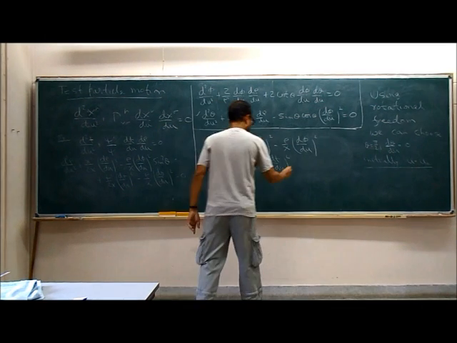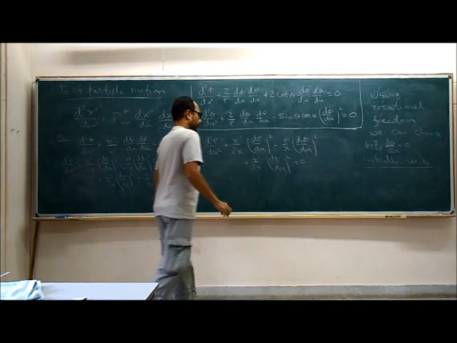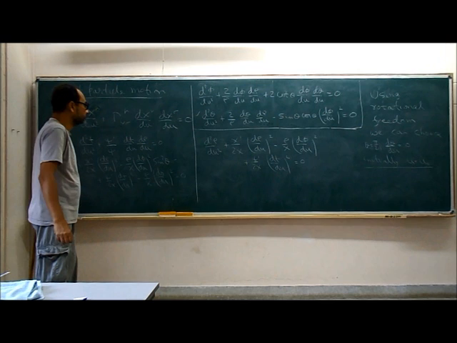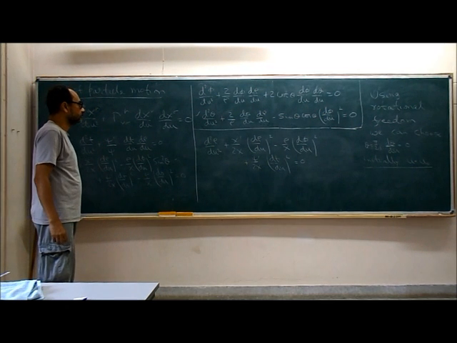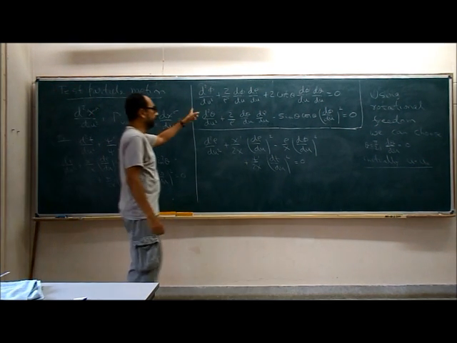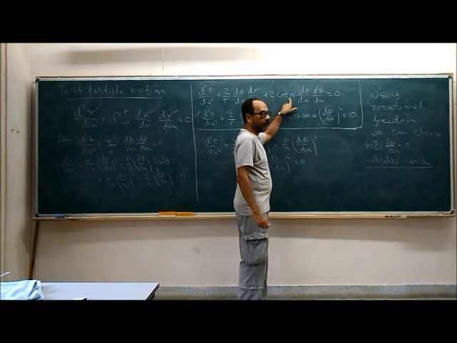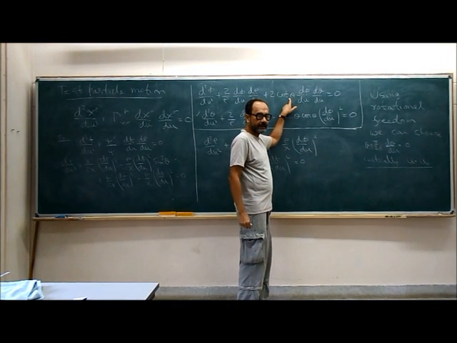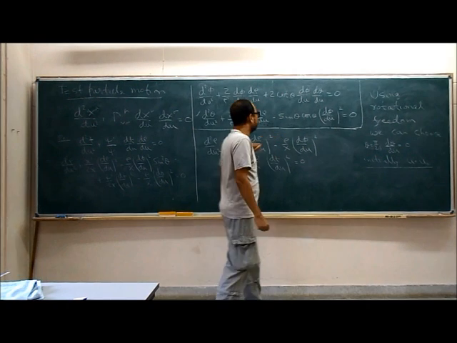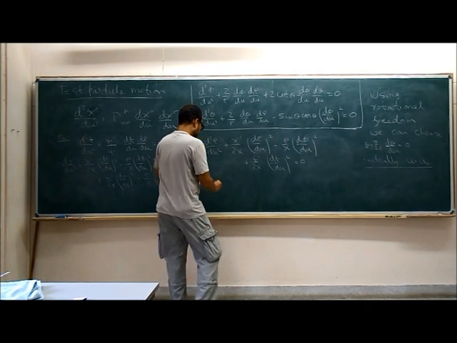The last term is 0 because d theta/du is 0. In this equation, the cot theta drops out because this is cosine over sine, which is 0 at pi by 2. So only these two terms remain.